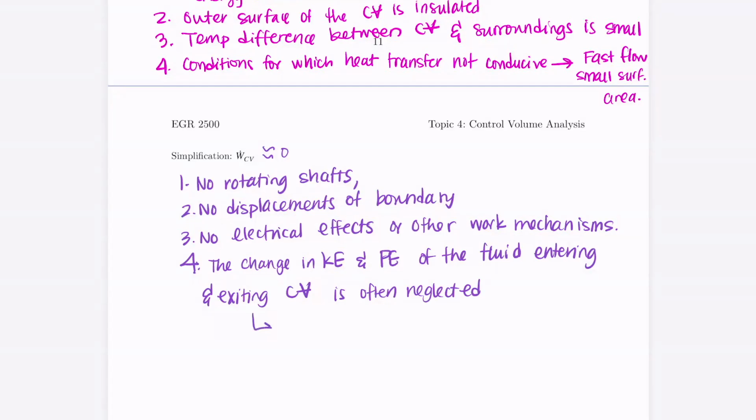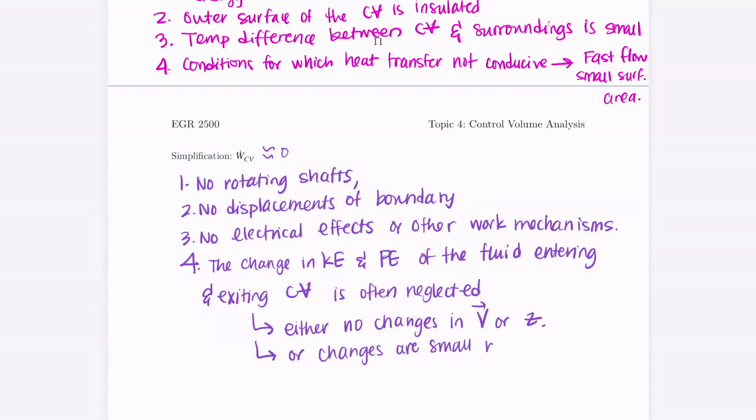This is typically because either there is no change in velocity or elevation, or the changes that there are so small relative to the other terms in the energy equation that we neglect them. So this is because of either no changes in V or Z, or changes are small relative to other terms.